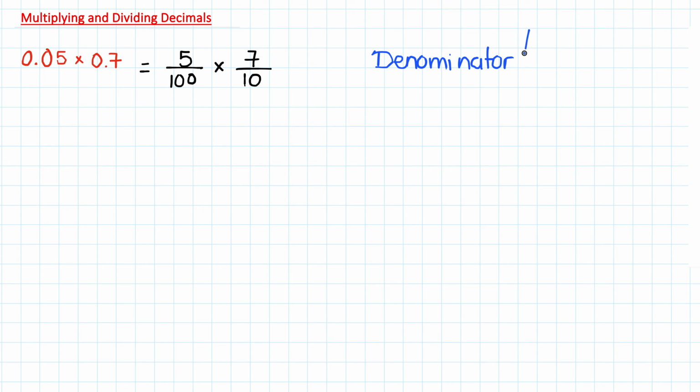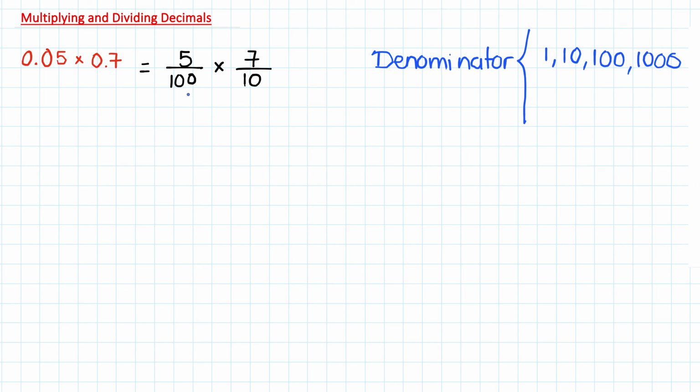Like if I have the ones unit, it can be a 1, or 10 or 100 or 1,000 and so on. So the denominator has to be one of these. It's not helpful when I have a denominator as a 3 or a 7 or something like that. So that's what we have to keep in mind.